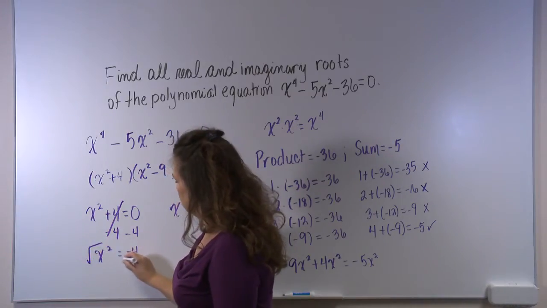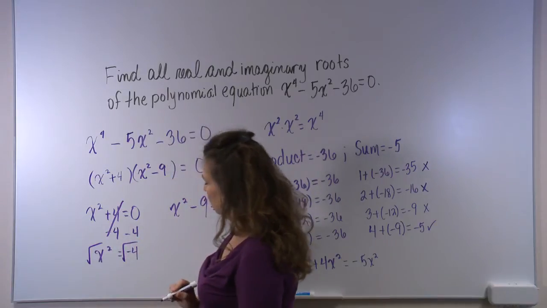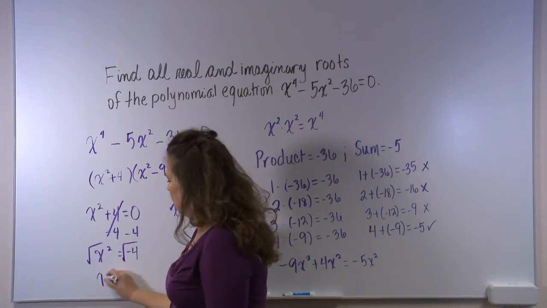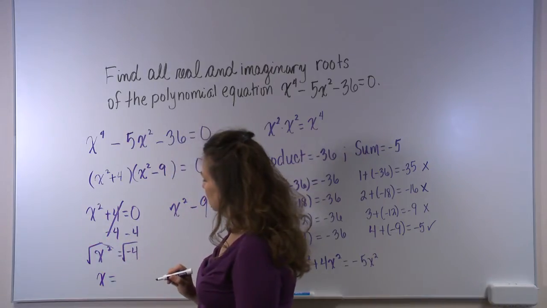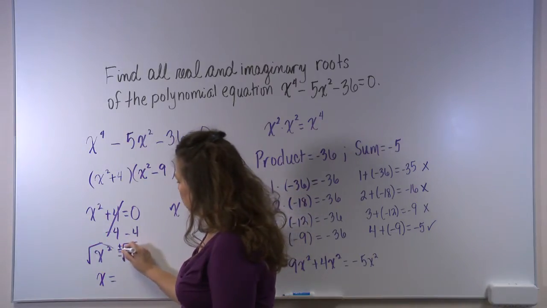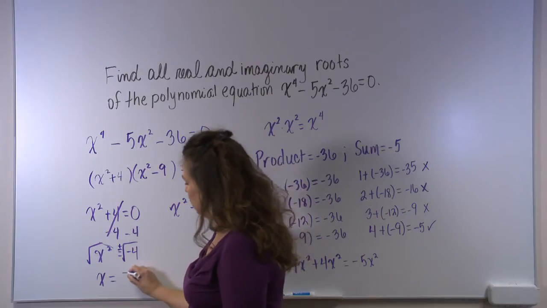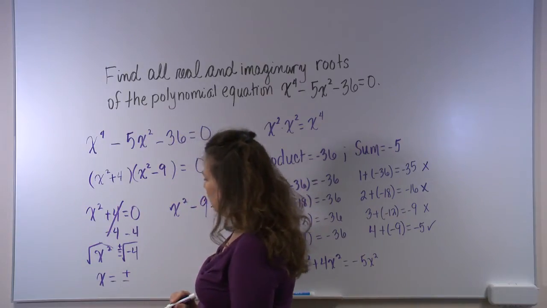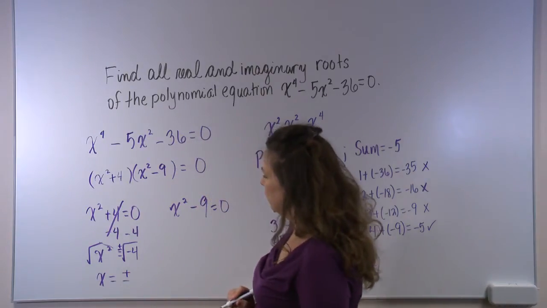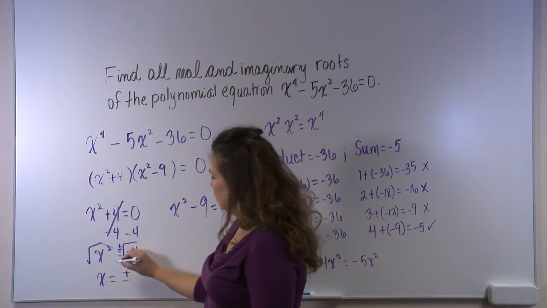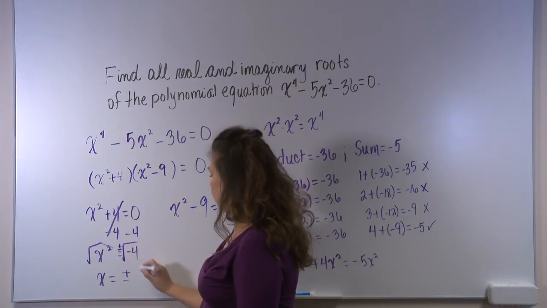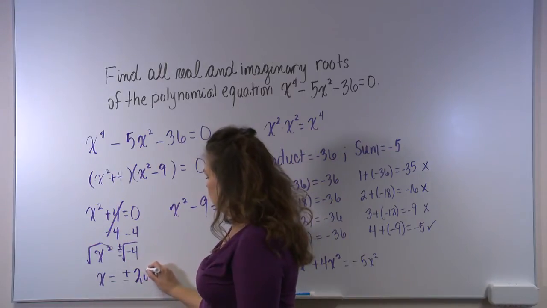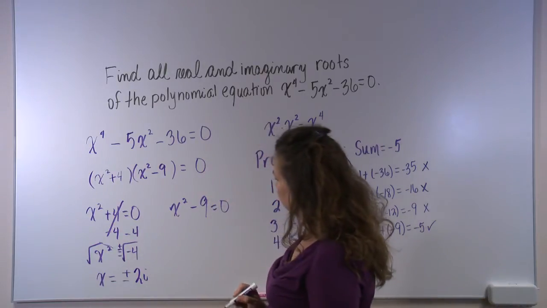To completely isolate x, square root both sides, and I get x is equal to plus or minus, because I introduced the square root. So x is equal to plus or minus the square root of negative 4. Since we have a negative underneath the square root, that comes out as an i, and the square root of 4 is 2. So plus or minus 2i.